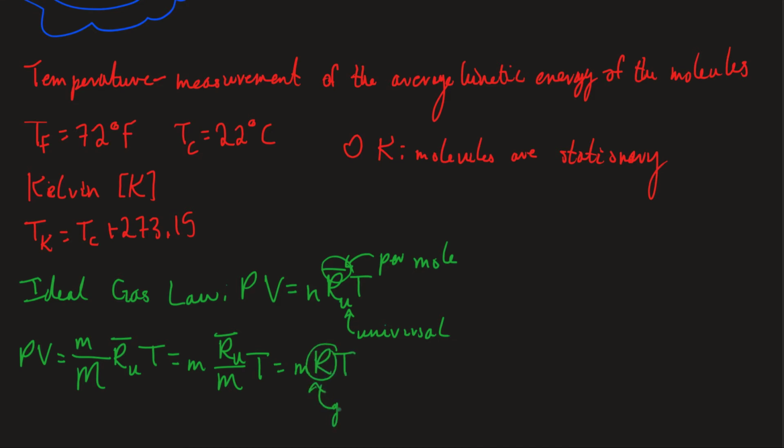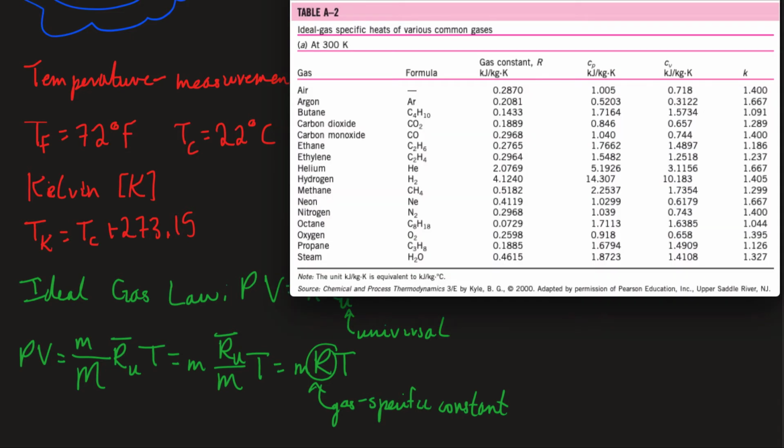times the temperature. And this is gas-specific because the universal gas constant is the same for all gases, whereas the molar mass is different for each gas. And luckily, we have convenient tables that express these gas-specific constants for different gases.